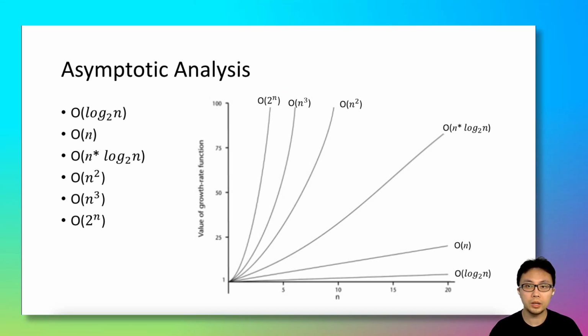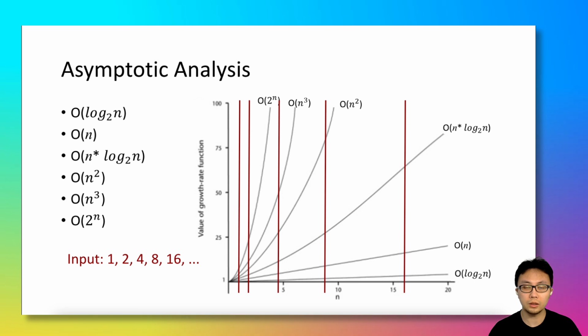In case you forget or have difficulty comparing two different upper bounds, you can always find some concrete numbers and plot the dots first, then connect them using lines. For example, a series of good inputs will start from 1, then multiply by 2, such as 1, 2, 4, 8, then 16, etc. After calculating all the corresponding values using upper bound functions, you will have a series of dots.